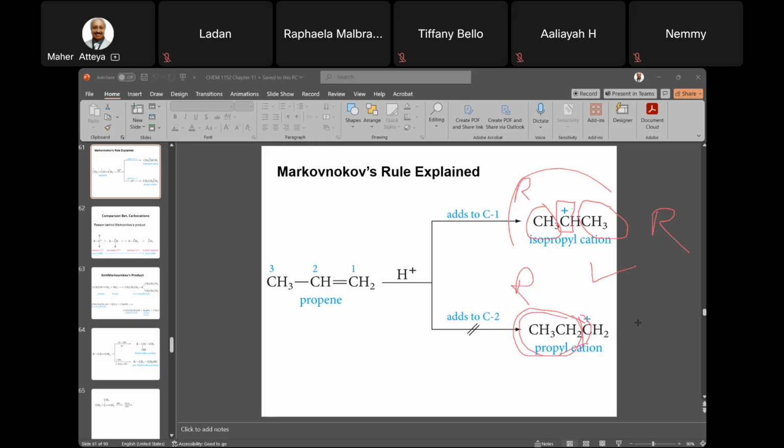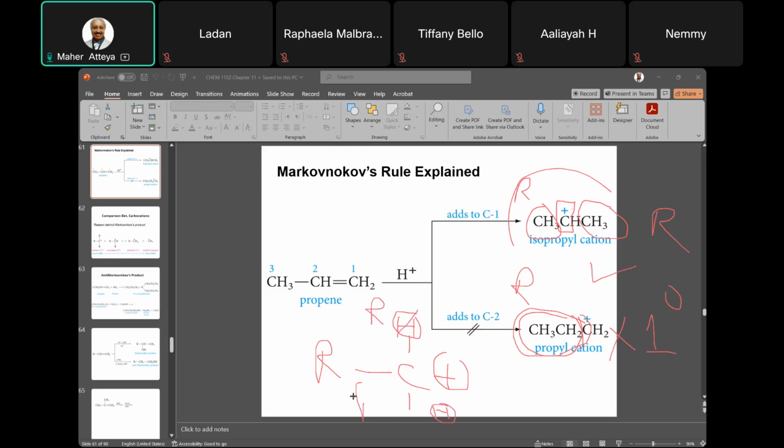Wouldn't this carbocation be tertiary though? No, that's a primary. Here, C, H, H, and the carbocation is the first one. And this is R. This is H. So that's not tertiary. For tertiary, instead of this H, you have to have an R group, methyl group, ethyl group, whatever.